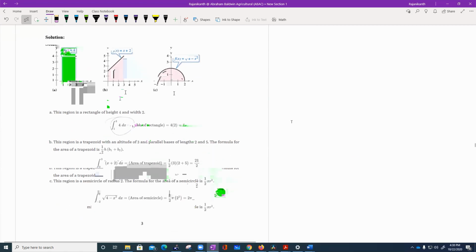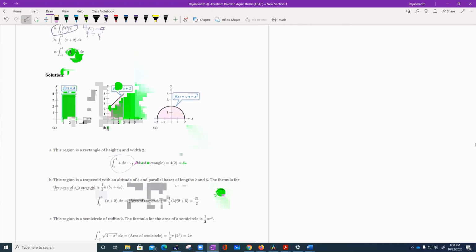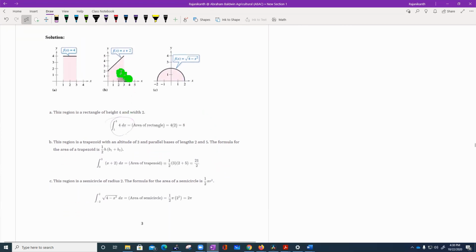Okay. If you look at the second picture, x plus 2 is the straight line, and you are finding the area from 0 to 3. The colored area is nothing but a trapezoid, a shape like a trapezium. We know how to find the area of a trapezium: half of the sum of the parallel sides, times its height.